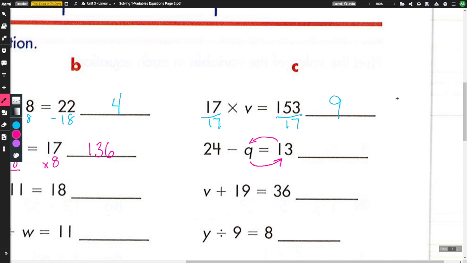So I can show you right here. Minus q equals 13. We add q on both sides. We get 24 equals 13 minus q. And so on and so forth.